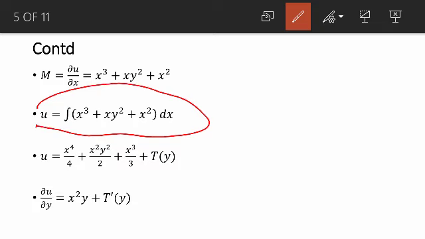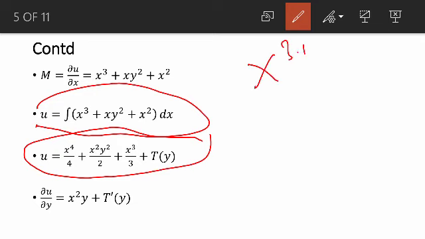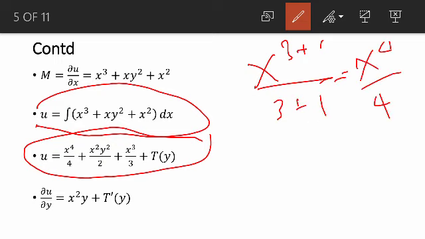Okay, so if we integrate, the integral of x cubed will give us x raised to power 4 over 4. That means x to the 3 plus 1 over 3 plus 1. That gives us x^4 all over 4. Okay, that's why we have that.